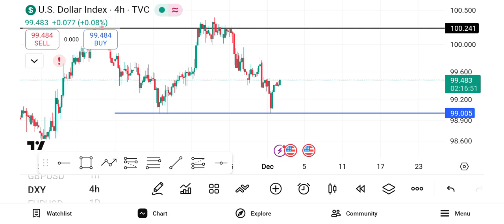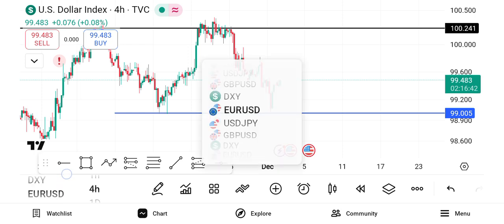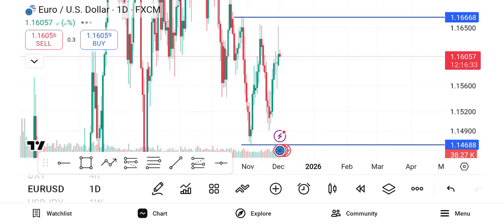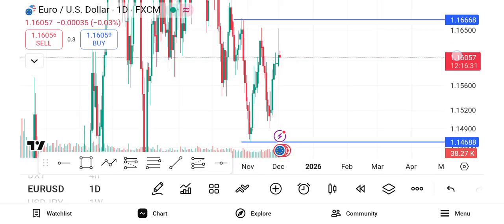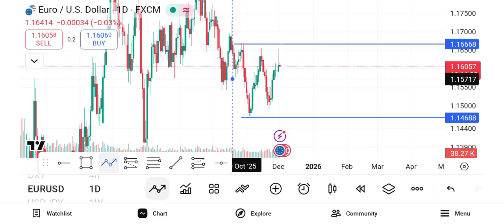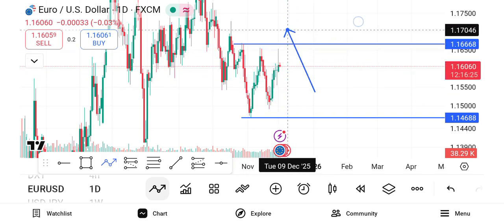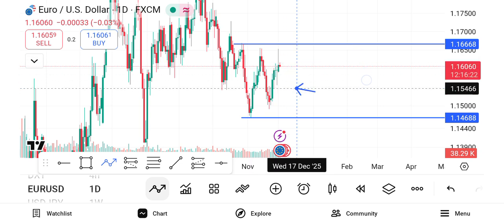Okay, guys, I'm going to show you how you're going to enter the market in the lower time frame. So let me use the EURUSD for that, since it has the inverse correlation and we can't trade the dollar index. As you can see in the EURUSD, same thing as the dollar, the market was unable to break this high to change the trend, so it gave the market a trend continuation pattern.